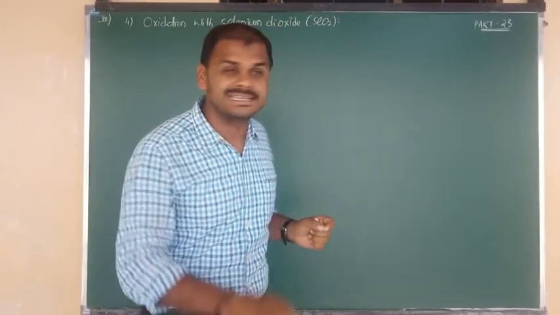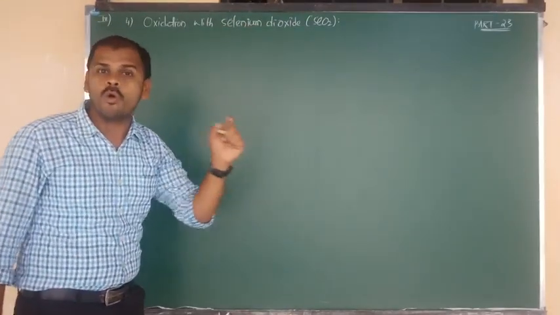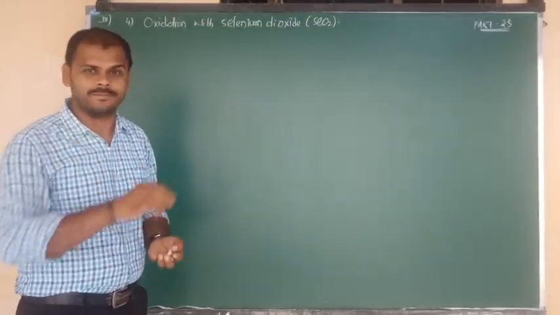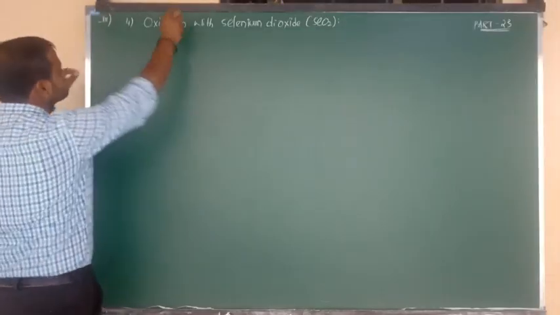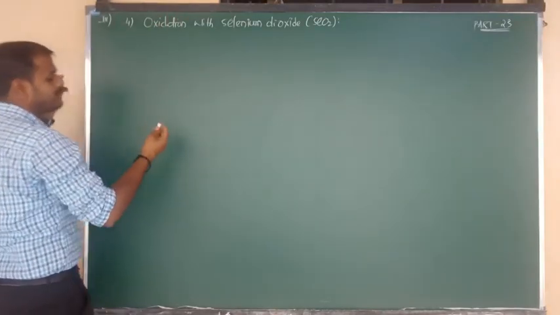So how do aldehydes and ketones undergo oxidation? The oxidizing agent is SeO2, selenium dioxide. First of all, I am going to show you the statement.